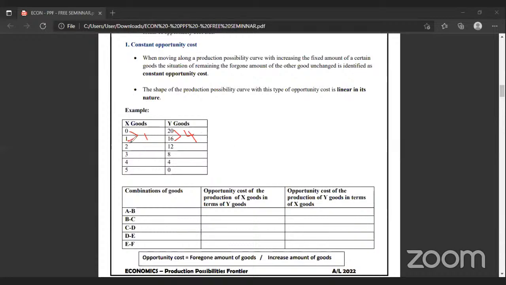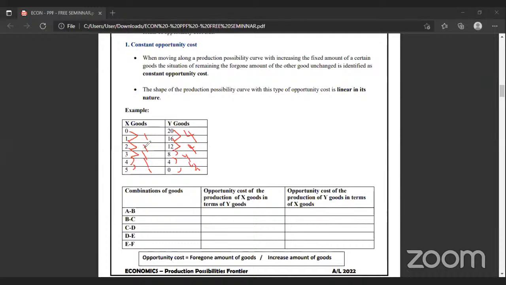And again, when we are increasing another 1, from 1 to 2, how many we are sacrificing? 4. Still it's a constant. And again, when we are increasing by 1, how much we are sacrificing? 4, 4, 4. So what is the opportunity cost?